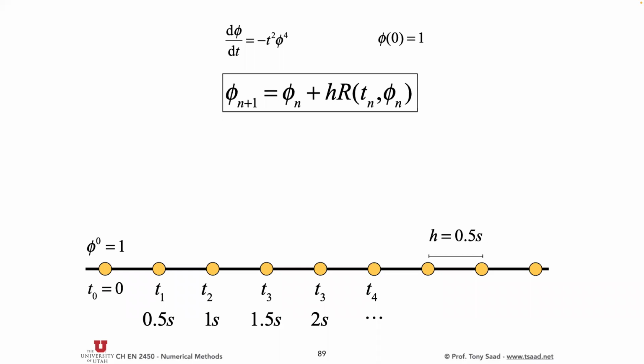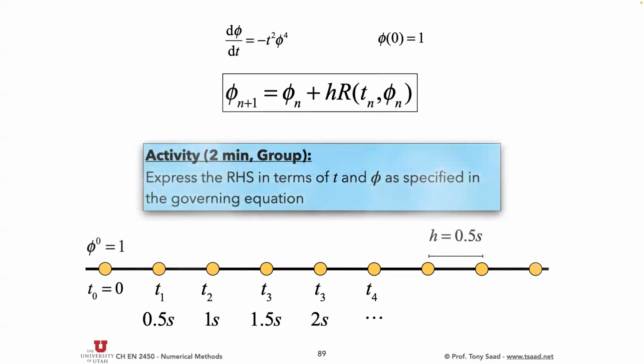Okay. And this is the forward Euler formula. The first step is to express the right-hand side in the forward Euler formula using the actual right-hand side given in the equation itself. So go ahead and simply substitute the right-hand side of the governing equation into the forward Euler formula. So instead of r of t n, phi n, put in the right-hand side that's given to you in terms of t n and phi n.